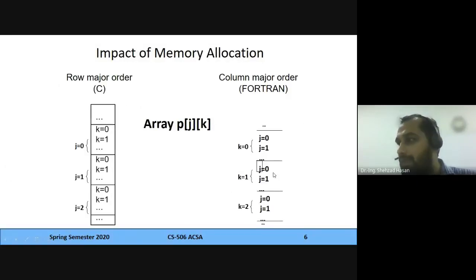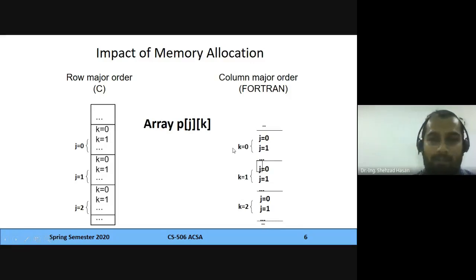So what happened was this small rectangle that you're seeing over here had to cover the whole thing. The same thing is what I have shown, that if you're going to do that in column major order, which would be the case for the Fortran language, it's going to store in such a way that you have all the elements of a column first, and then you are going to store the next column, right?